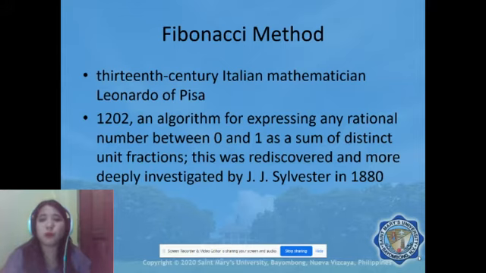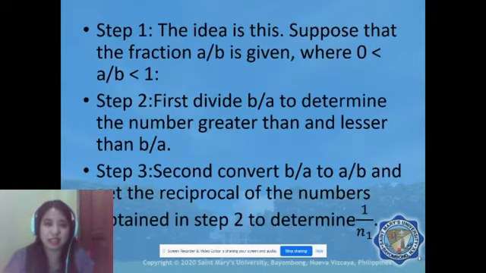In 1202, Fibonacci published his work on an algorithm for expressing any rational number between 0 and 1 as a sum of distinct unit fractions. This was rediscovered and more deeply investigated by J.J. Sylvester in 1880.